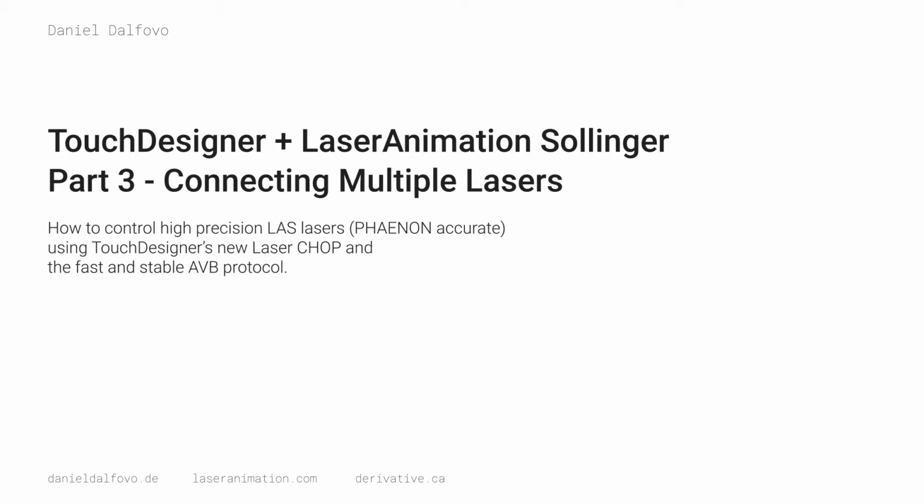And part 3 is dealing with the specific setup of having multiple lasers and how to connect with them and how to distribute data to them. Generally speaking, these tutorials are describing how to control lasers using the AVB protocol and using TouchDesigner with it. In my case, I'm controlling Fanon accurate lasers from Laser Animation Zollinger.